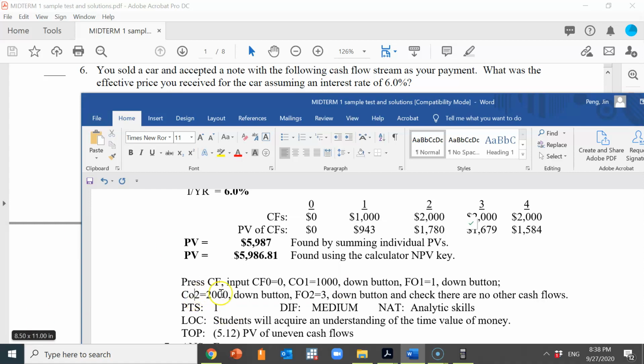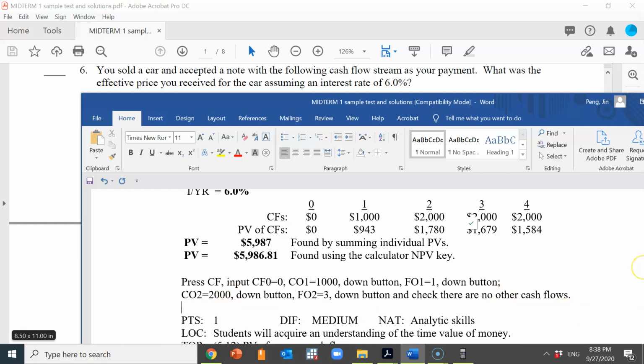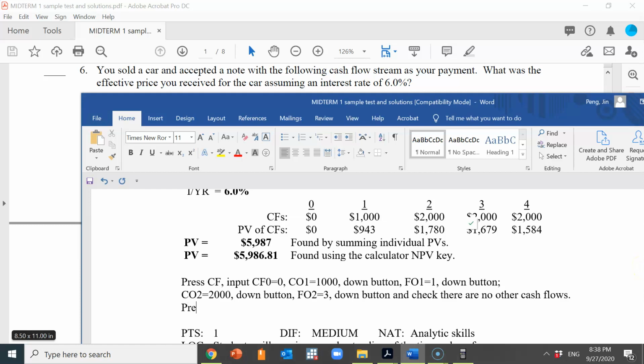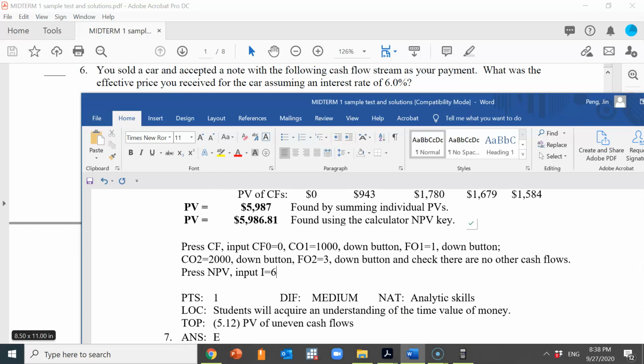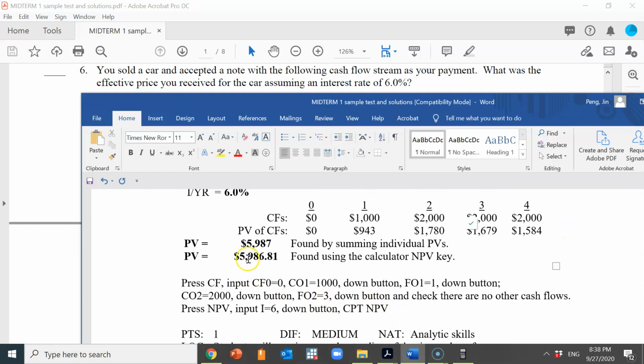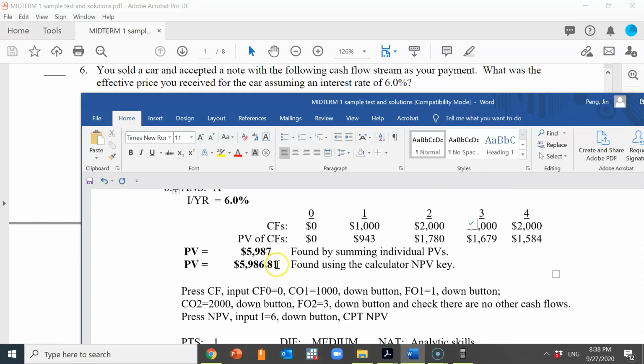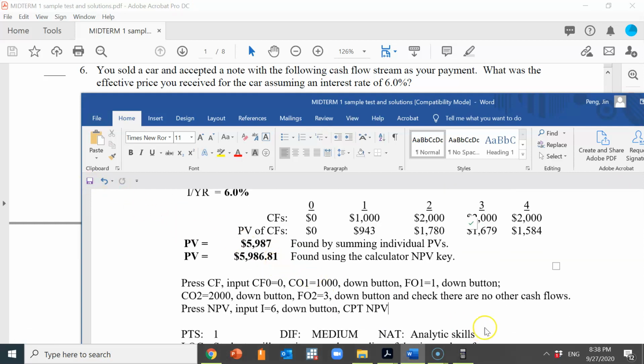It shows C0 here. And then we press NPV, and input I as 6. And then down button, compute NPV. That's how we can get this number here. That's question 6.